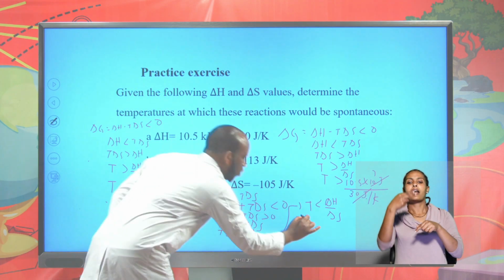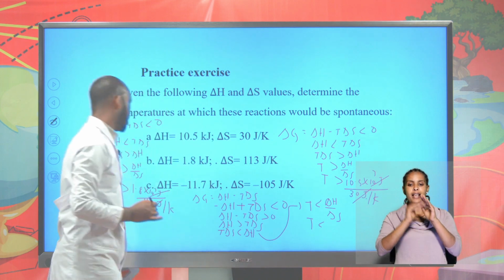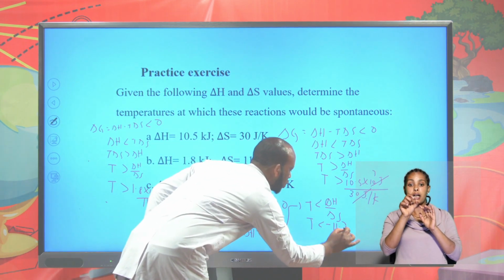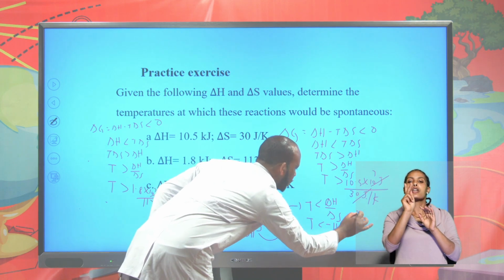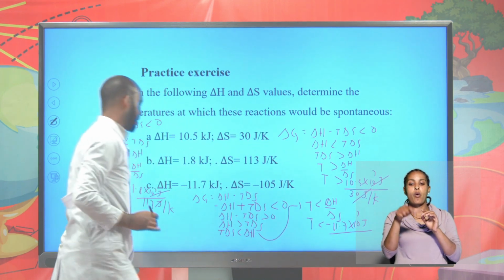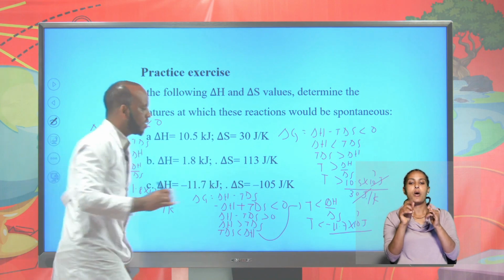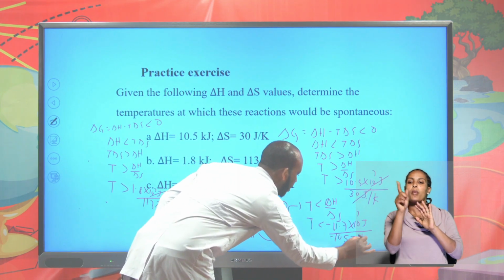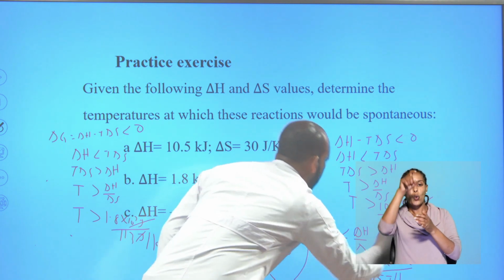For temperature less than delta H, which is minus 11.7 kilojoule, or 10 to the power of 3 joule, divided by delta S, which is minus 105 joule per Kelvin, this reaction would be spontaneous.